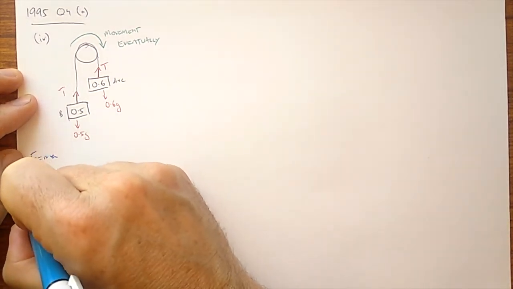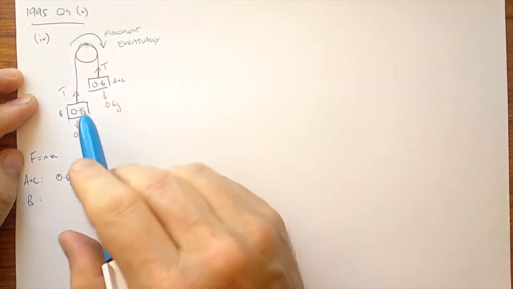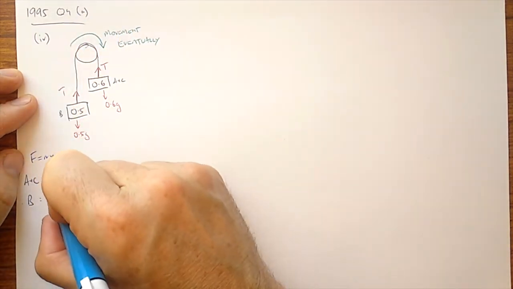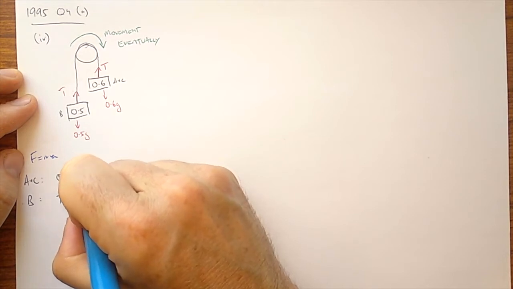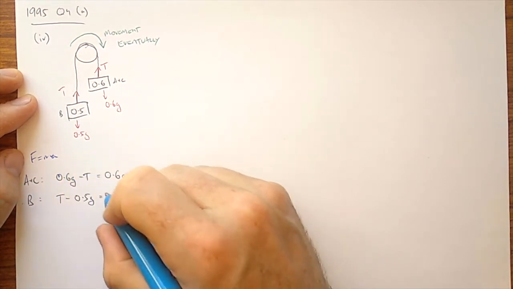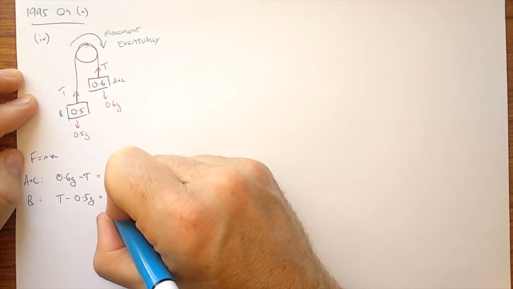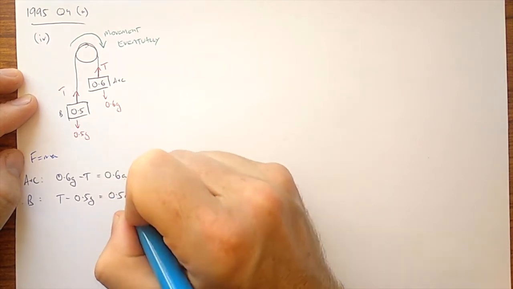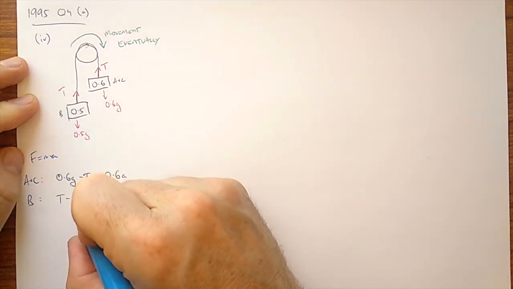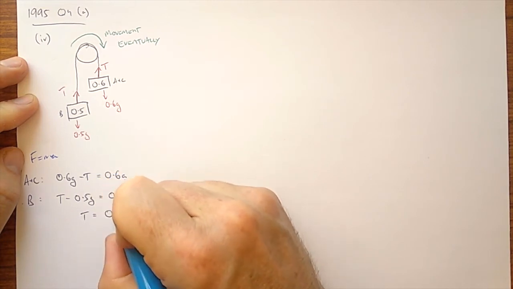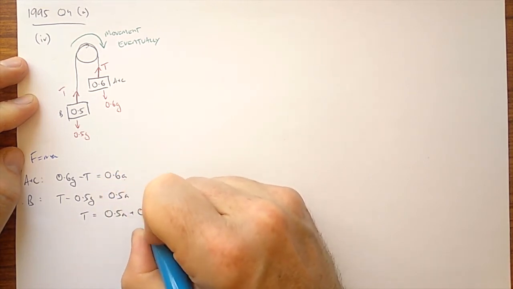And for B, F equals ma, so we know it's going to go all the way upwards. So T minus 0.5g equals 0.5a. Okay, in this case t equals 0.5a plus 0.5g.